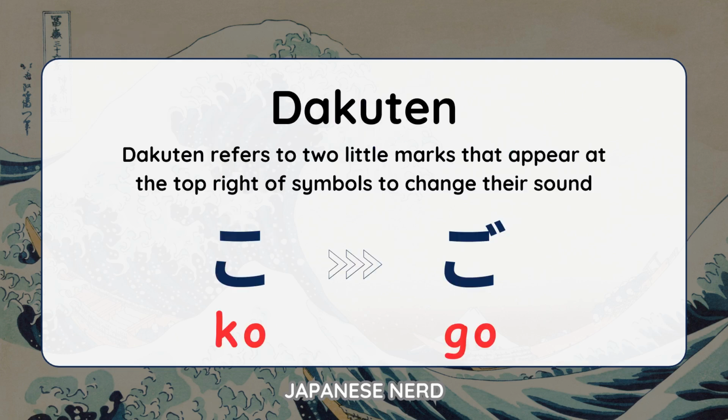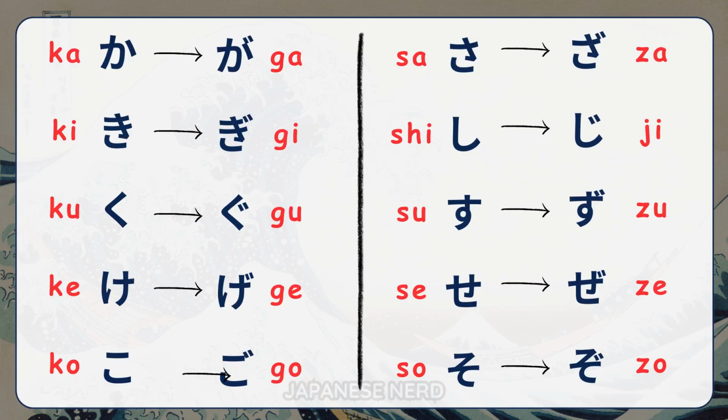Some additional Japanese sounds can be created by adding a dakuten, or two little marks that appear on the top right corner of the symbols. It changes their sounds from ko to go, for example. The ka character sounds are changed to ga character sounds, that is, ka becomes ga, and so on.